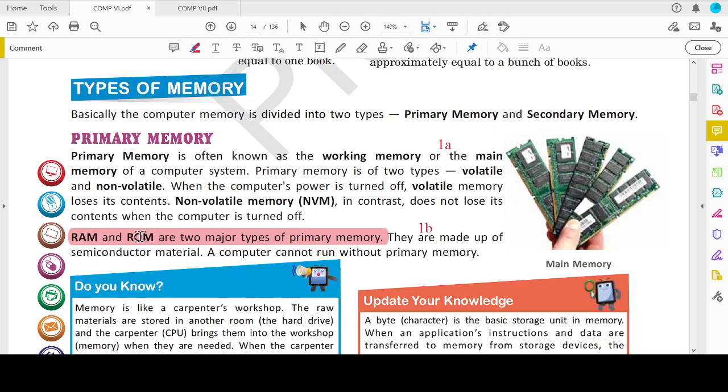A computer cannot run without primary memory. Primary memory should be there in a computer so that it can run, otherwise it will not be able to run. It may not have any hard disks, but the primary memory should be there.